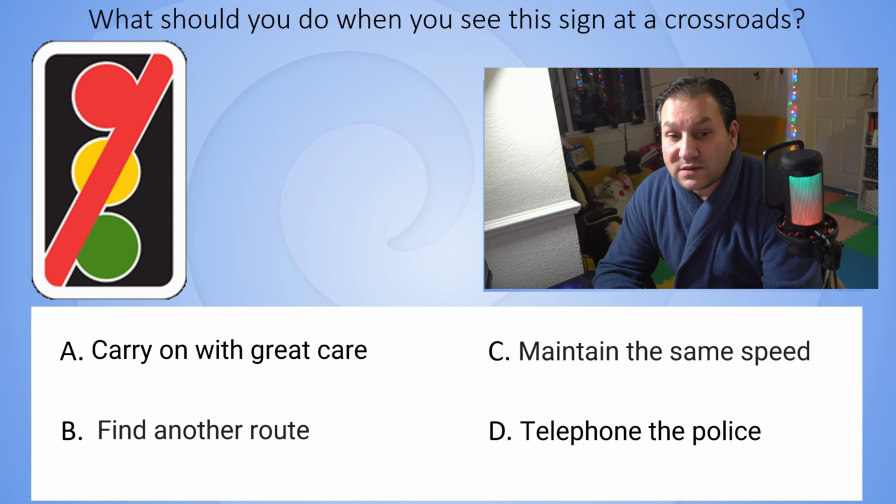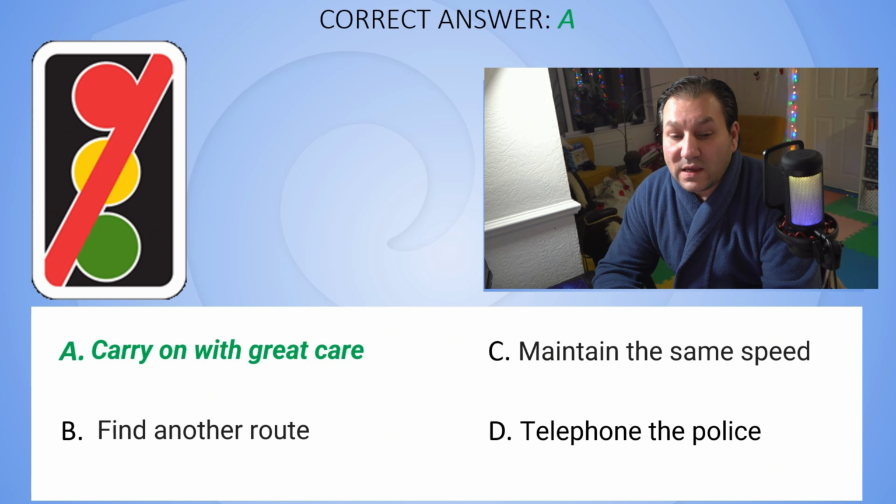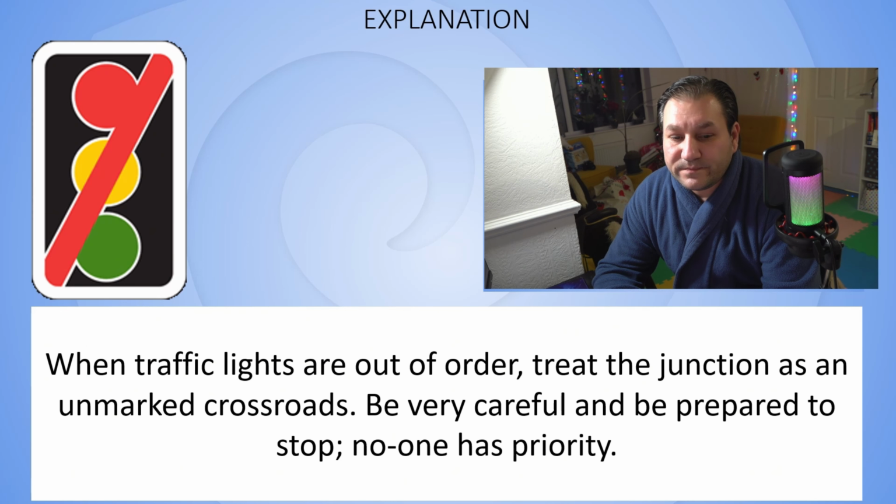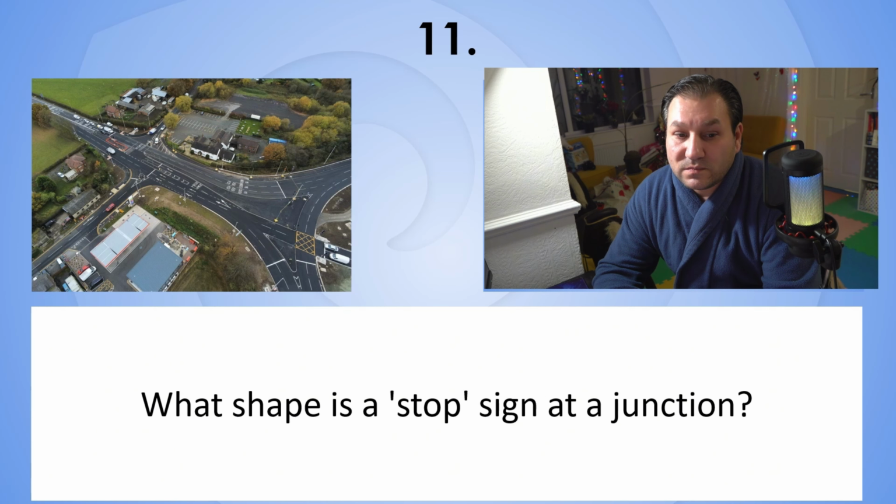The correct answer is A. Carry on with great care. Explanation. When traffic lights are out of order, treat the junction as an unmarked crossroads. Be very careful and be prepared to stop. No one has priority.